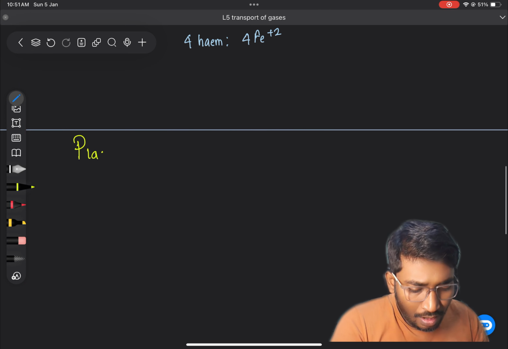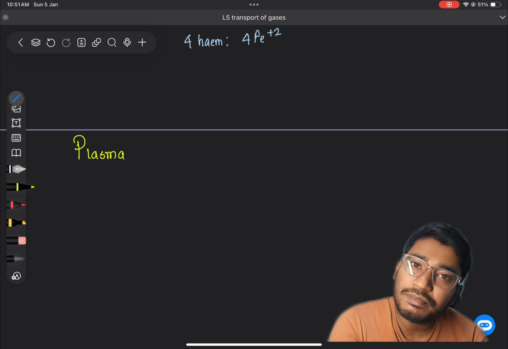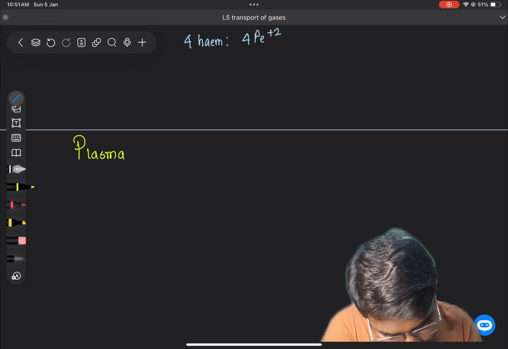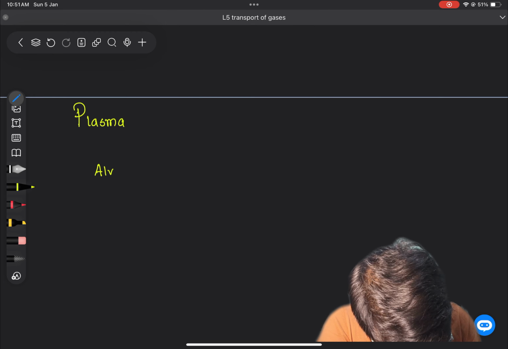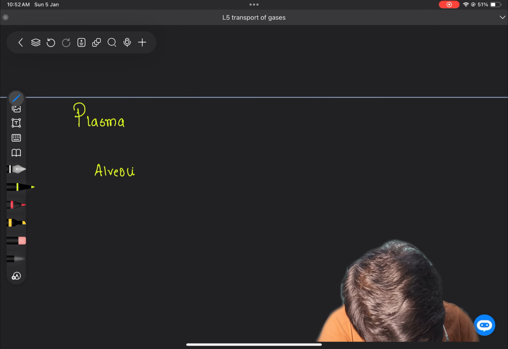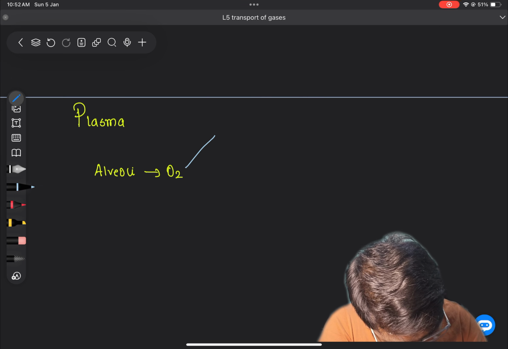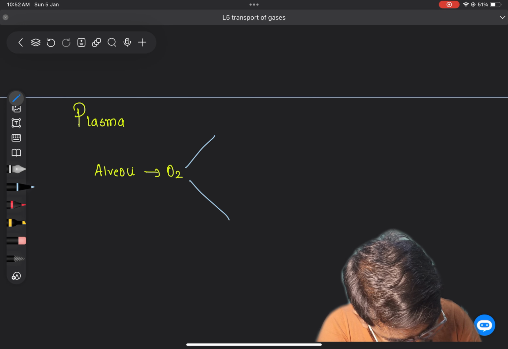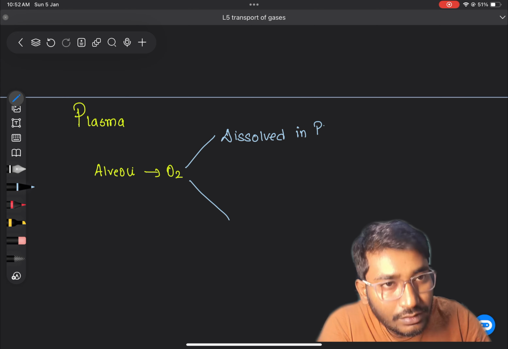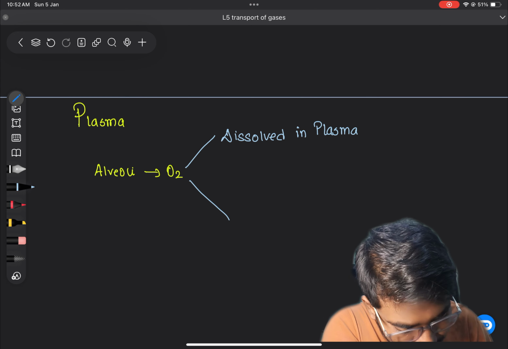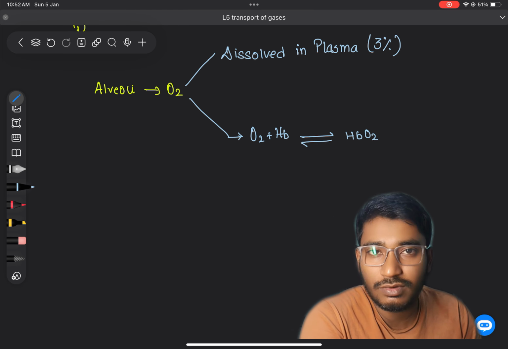Now, what is plasma? Oxygen is dissolved in plasma. The RBC carries oxygen as well as the plasma also carries oxygen. The alveoli contain oxygen, and this oxygen is divided into two parts: 3% dissolved in plasma, and 97% oxyhemoglobin.